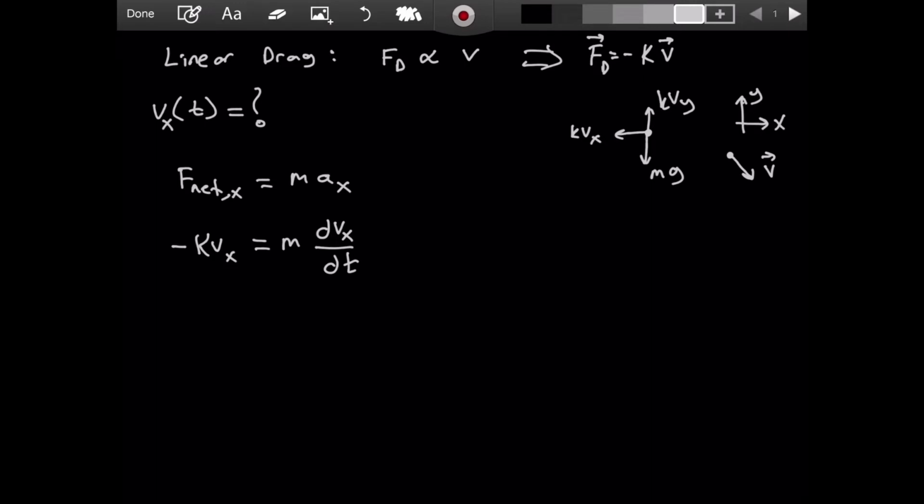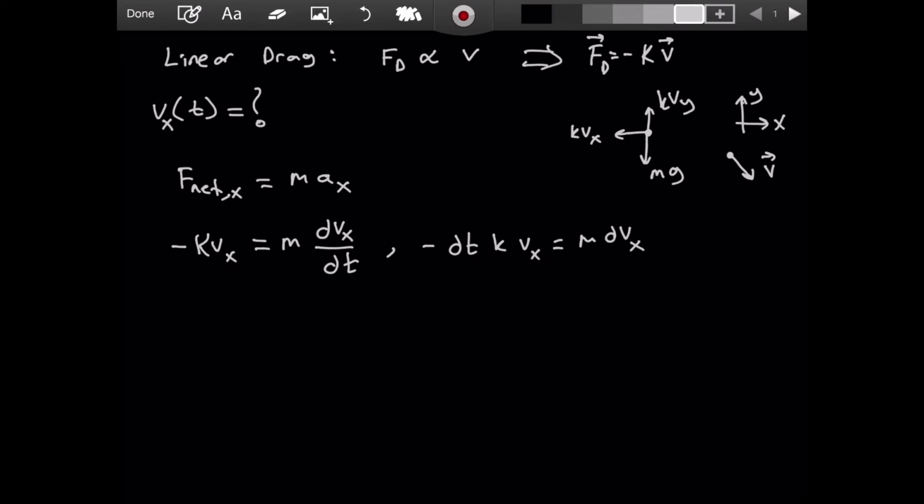Now, I want to have vx and dvx on the same side. To be able to do that, I will first multiply both sides by dt. So I have negative dt k vx is equal to m dvx.